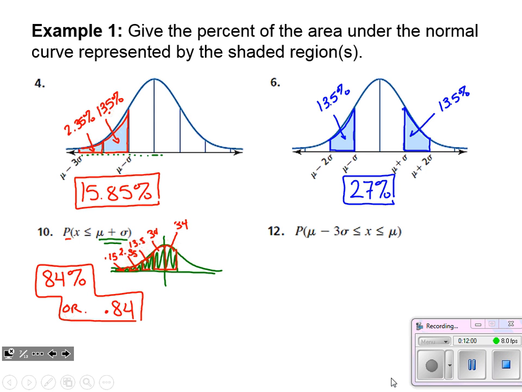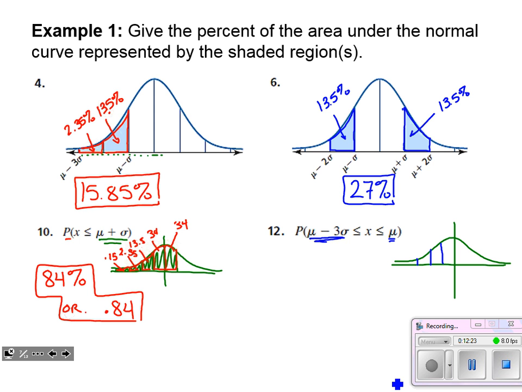All right, number 12, let's make one more little sketch just to show what we should be visualizing. So we want 3 standard deviations less than our mean. So there's 1, 2, 3, up till the mean.